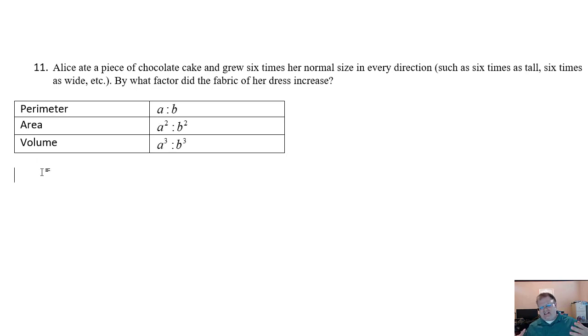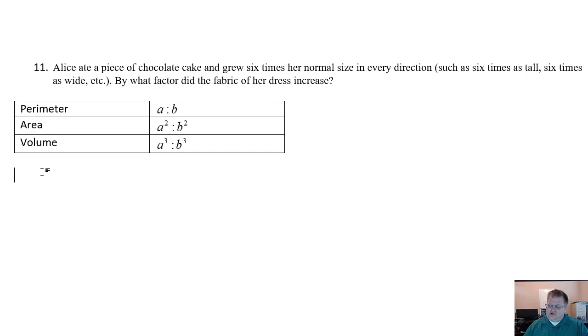Even though I'm only asking about one characteristic in this question, on the final I could ask anything related to these facts. So what do we know? We know she grows 6 times bigger. When we talk about the fabric on her dress, is clothing a perimeter thing, an area thing, or a volume thing?